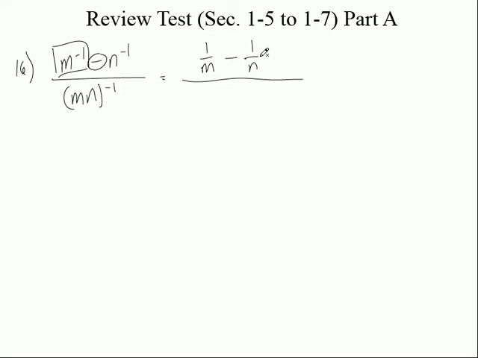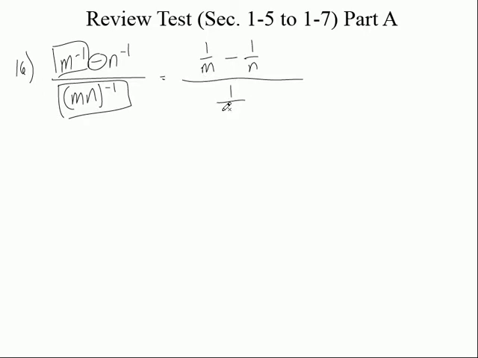You with me? Now what I'm going to do is take this right here. I'm not going to flip it to the top. Now technically you could. If I put this in parentheses, I could take this and put it up to the top. I'm not going to. I think it'd be more confusing than anything else. What I'm going to do is kind of what we did here. If mn to the negative first was the only thing on this whole page, how would you rewrite that? 1 over mn. That's right.